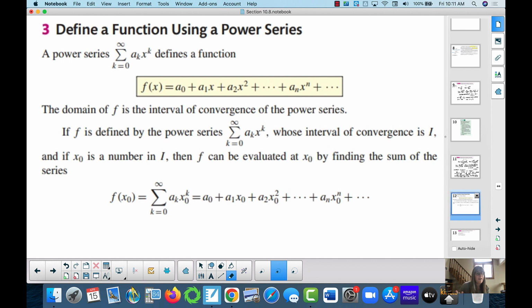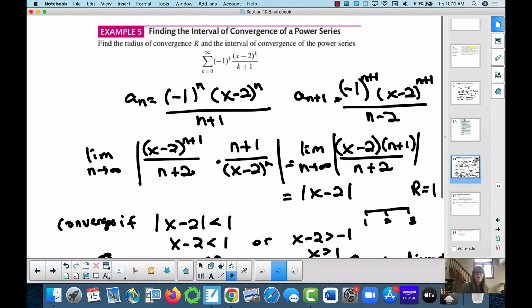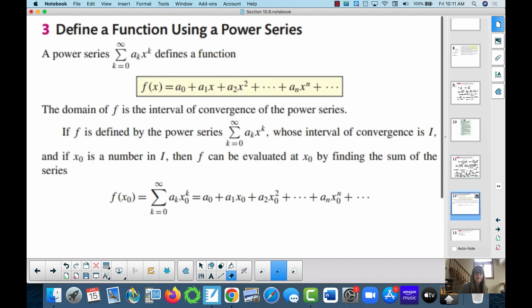So back here, if f of x is equal to this series right here, then I can plug in any number between 1 and 3, and also I can plug in 3, and I can find f of that number by finding the sum of the series at that x. That's what this is saying.